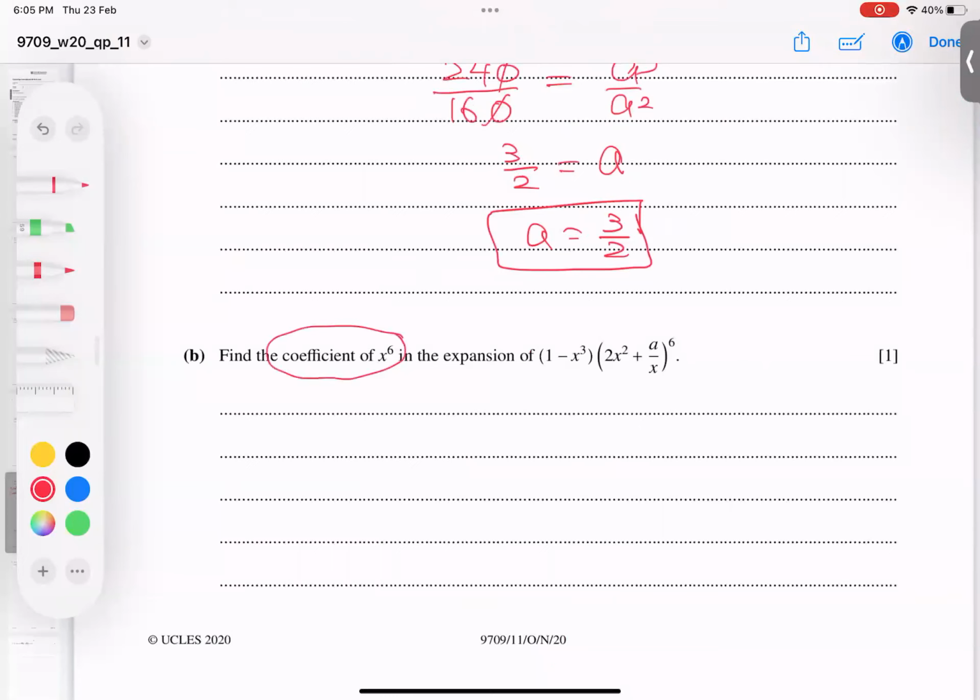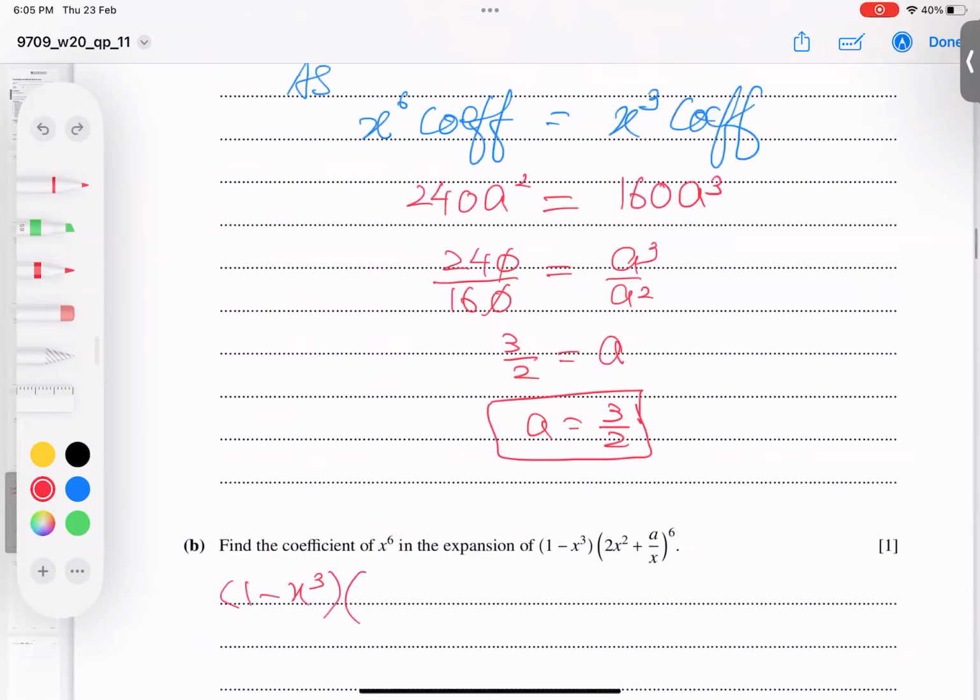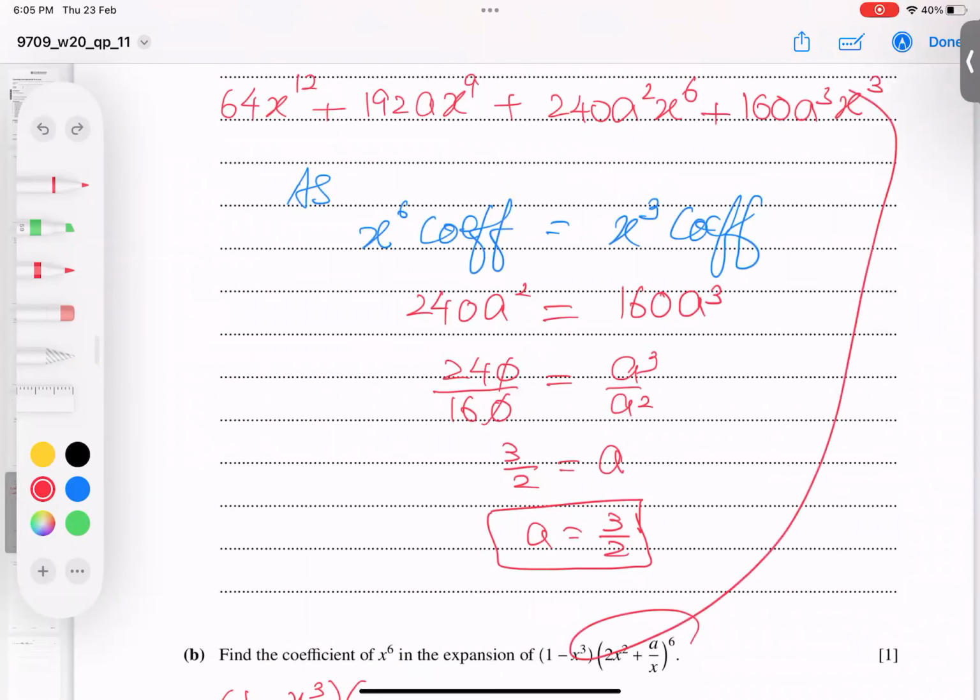He's asking, give me the coefficient of x to power 6 in this product. You saw that the previous part is very important, and this is the same expansion. So I will choose all these terms here. Let's start.